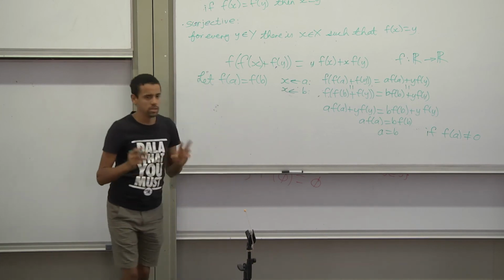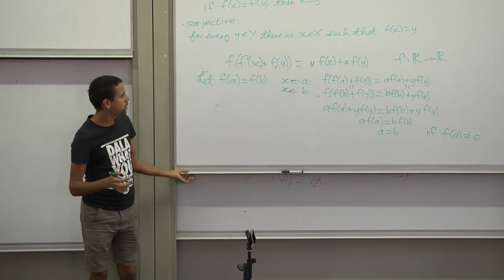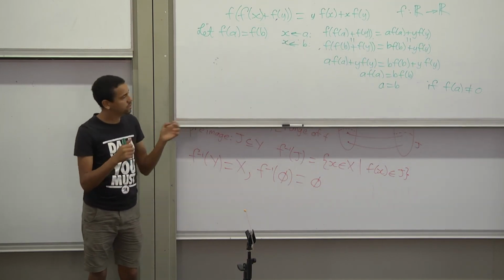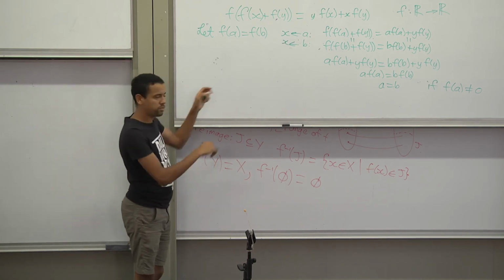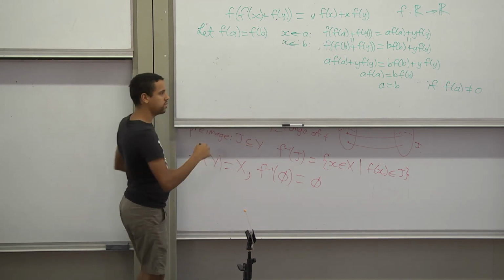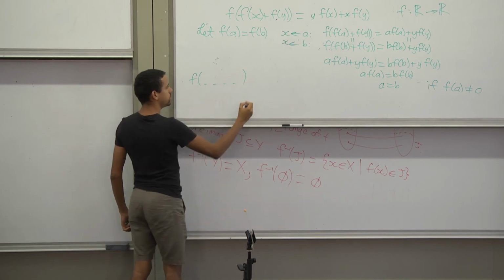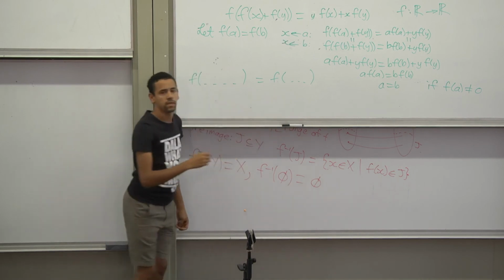Okay, so injectivity is usually pretty straightforward to prove. And why is it useful? Well, sometimes you're busy manipulating equations, substituting things into each other, and you end up with f of something over here is equal to f of something over there.